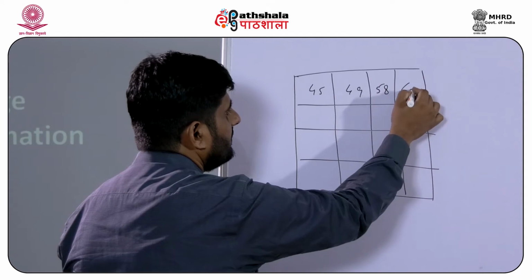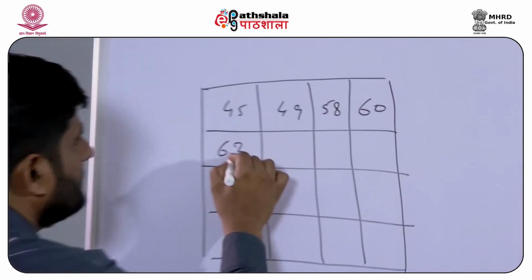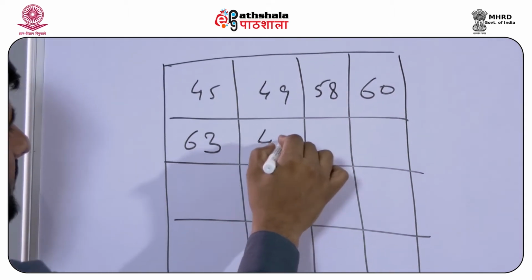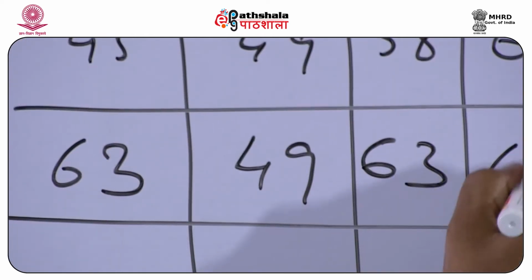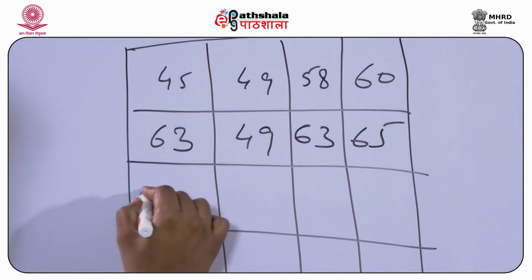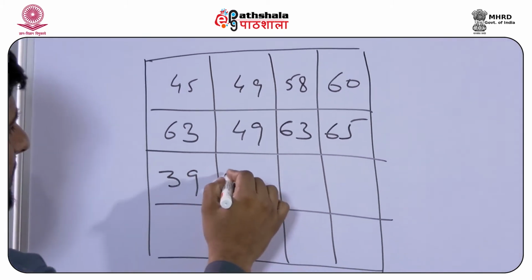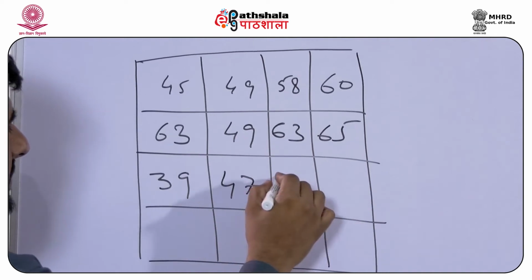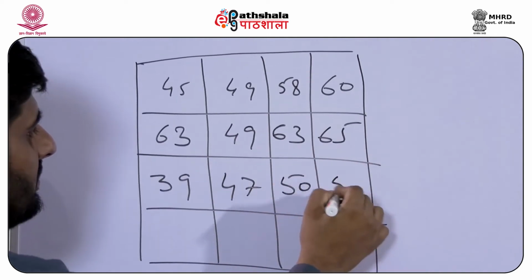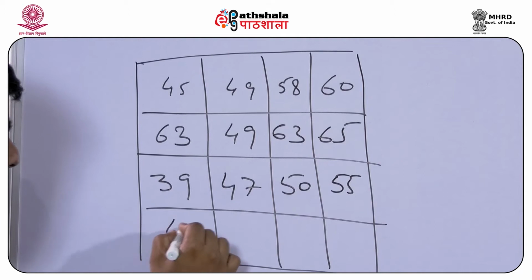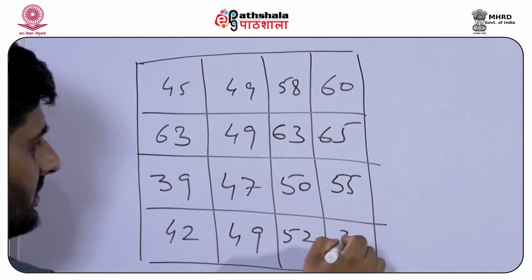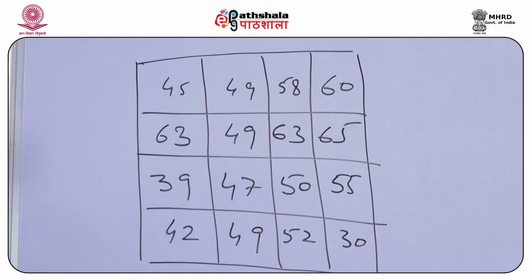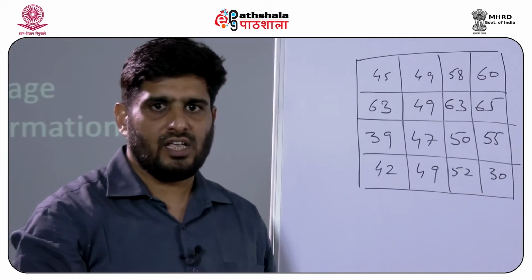58, 60, 63, 50. So, this is a portion of a particular image or one single band of an image.